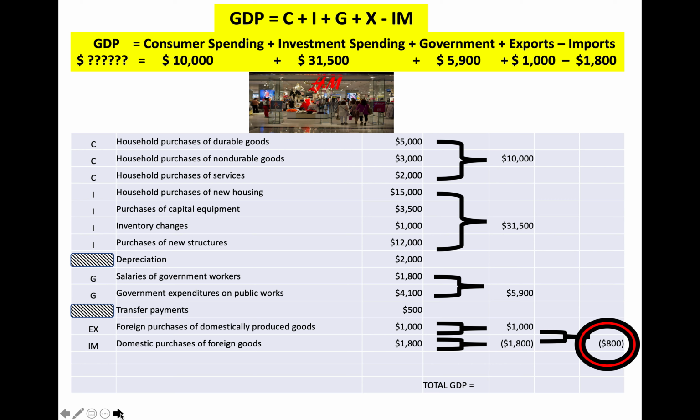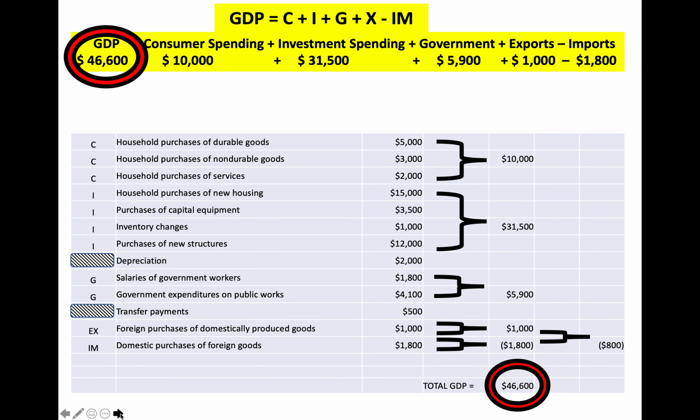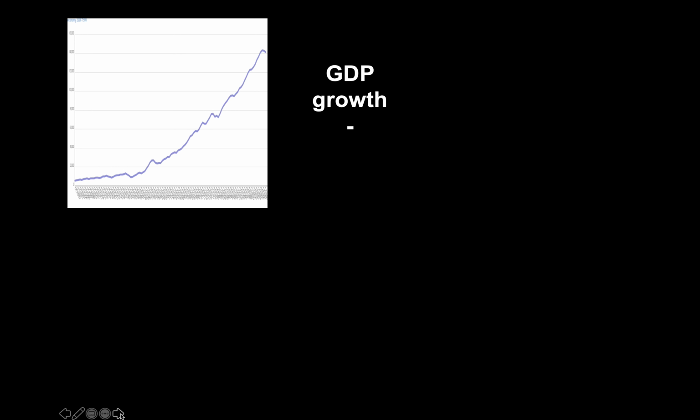So in this example, the country exported $1,000, but bought $1,800 worth of stuff. So it had lost $800 of gross domestic product. So that should be very similar to an assignment problem that you're going to have. You got your total gross domestic product, merely adding up those numbers. In this case, 46,600. I think that should help you a little bit.